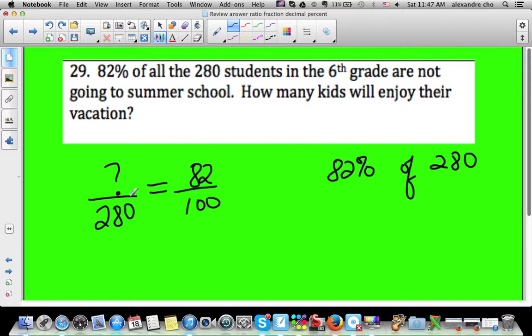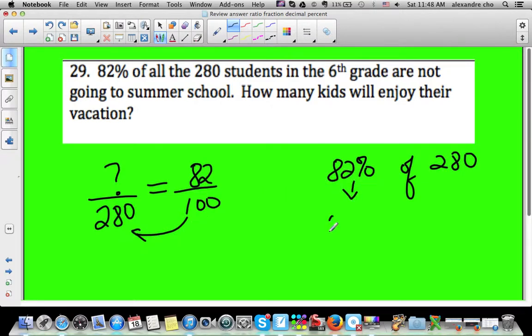And we want to know out of that how many are going to enjoy the vacation because they're not going to summer school. So, no relationship here. 100 times nothing whole number wise gives you 280. The number's going to get bigger if you want to do it this way, so in this case, do it the other way.